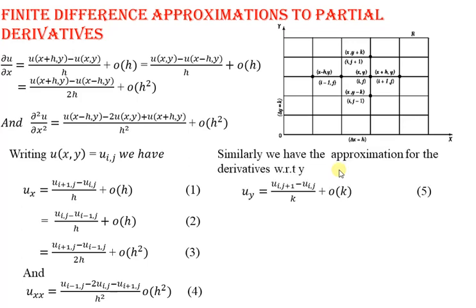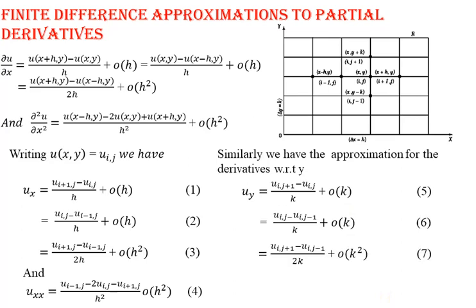So we get as the fifth equation for the forward approximation (u(i,j+1) - u(i,j))/k plus other terms of the k values. Here k is the increment in the y direction.